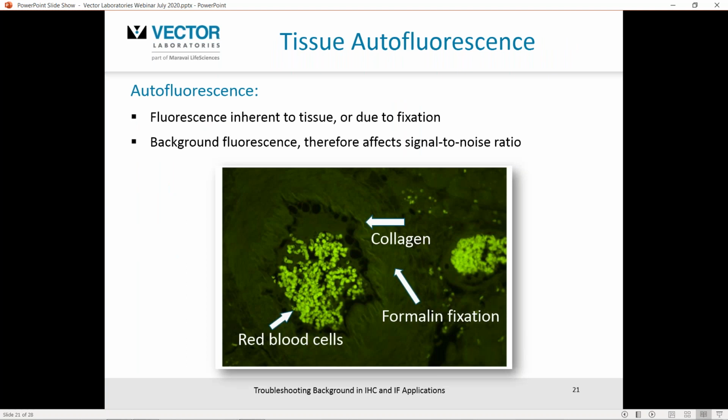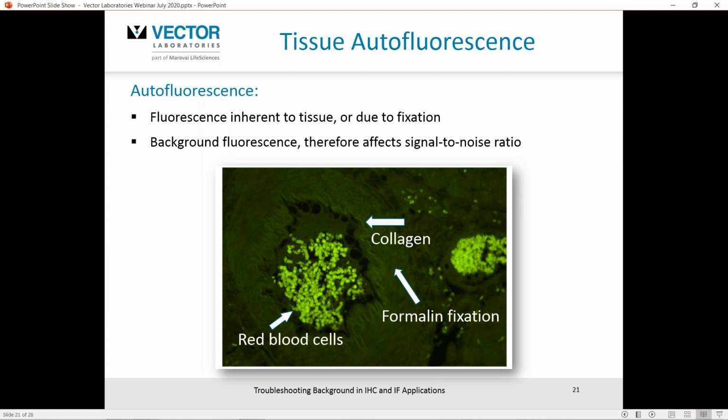An area that investigators do struggle with in immunofluorescence, that you would not encounter with immunohistochemistry, is tissue autofluorescence. And certainly, as I've shown here in this image, there are a lot of autofluorescent compounds in tissue. Red blood cells are particularly notorious.